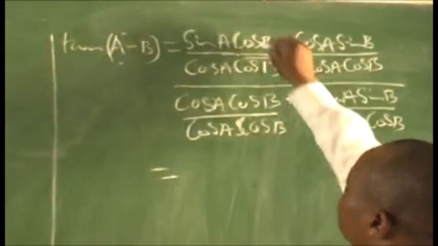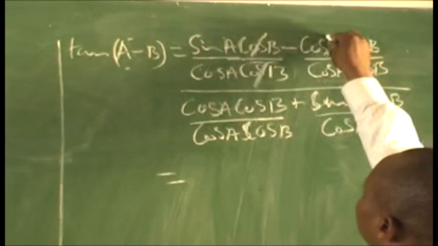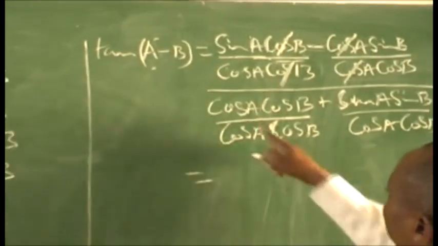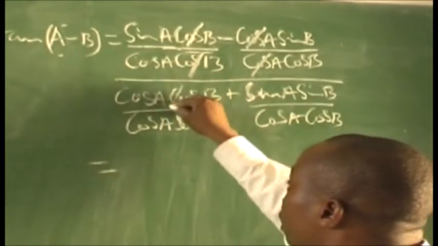Now when you do this, you see that cos B cancels cos B, and cos A cancels cos A. Now this is cos A cos B and this is cos A cos B, so the whole thing here can cancel.